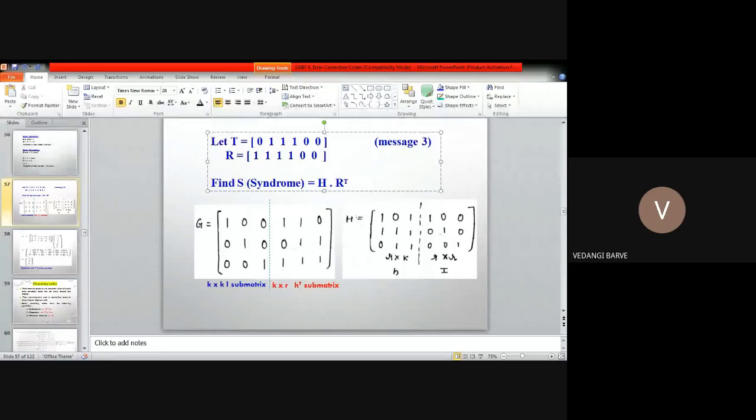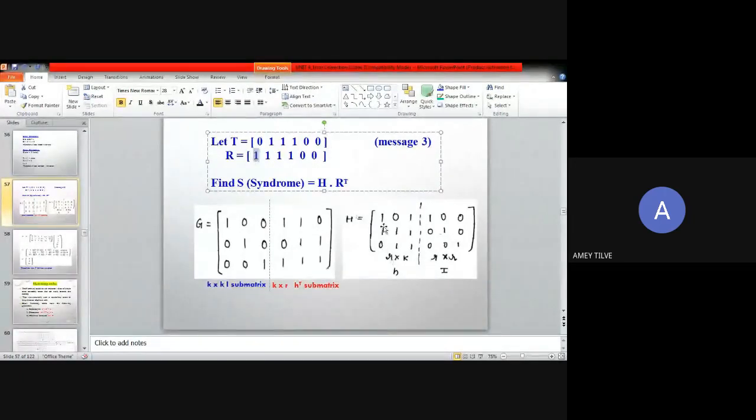So let me explain the last step. What was the actual message that we wanted to send? It is 0111100, correct? But what we did is we made one mistake. There was a one bit error, that is 0 was converted into 1.